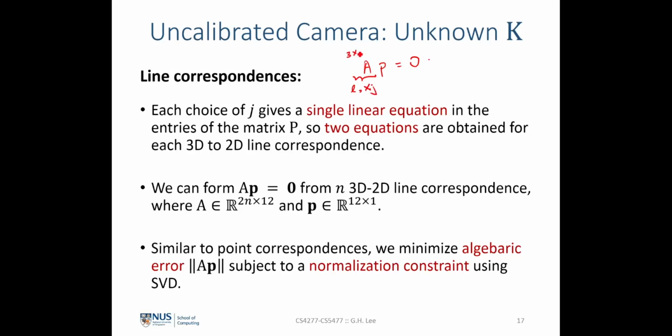And this would be a 3 by 12 matrix. And P here can be reshaped into a 12 by 1 vector from the 4 by 3 camera projection matrix. And similar to the previous cases that we have seen in the point correspondences, as well as the cases that we have seen in the homography, out of these three equations, only two are linearly independent.